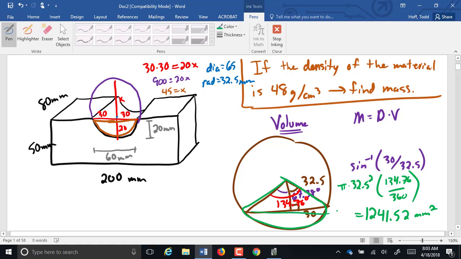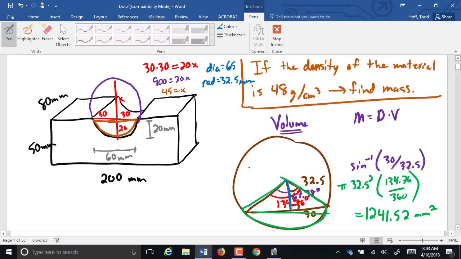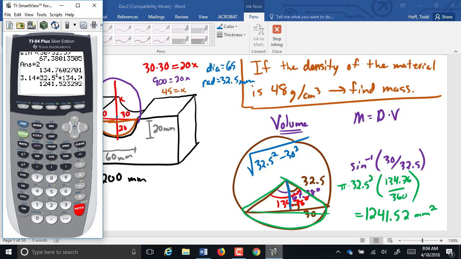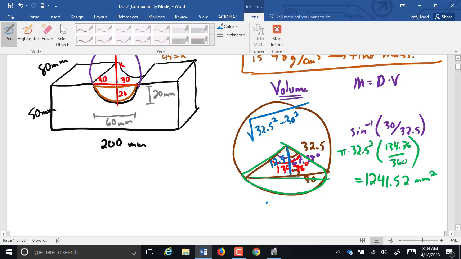Now we need the area of this triangle. To do that, have to have this length here, which is going to be the square root of 32.5 squared minus 30 squared. That's just a squared plus b squared equals c squared, but we're working it backwards. Got 12.5 there. So the area of that triangle is 60 times 12.5 divided by 2.